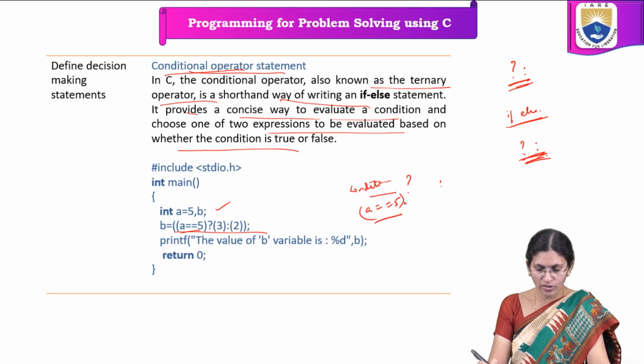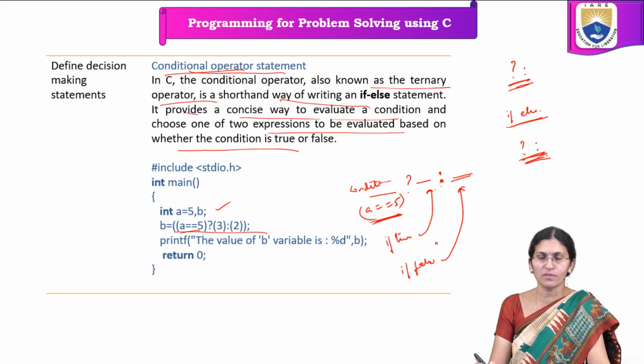The output of this conditional expression can be true or false. If true, then this block will be evaluated. If it is false, then the block after the colon will be evaluated. Here we have 3 and here we have 2.